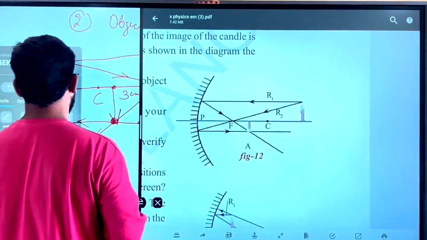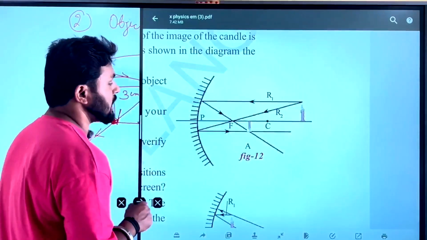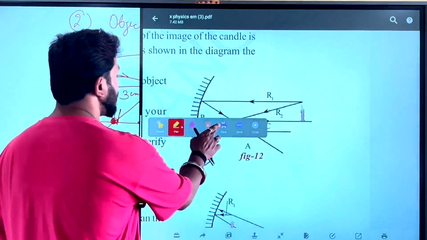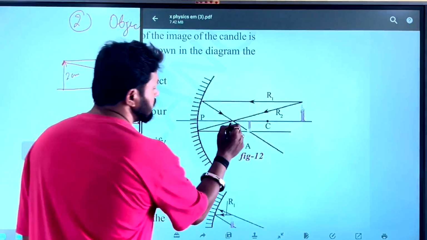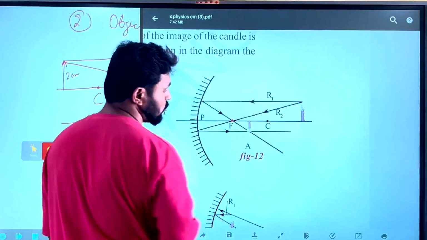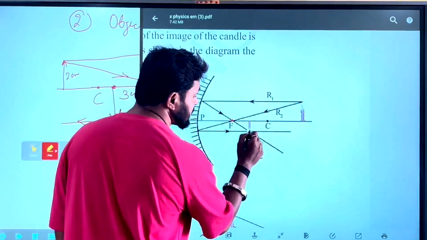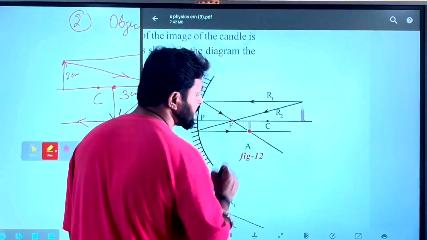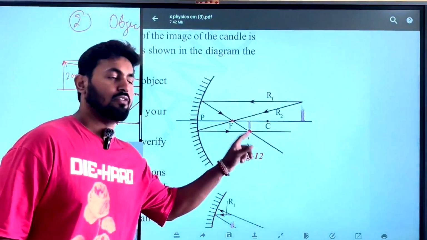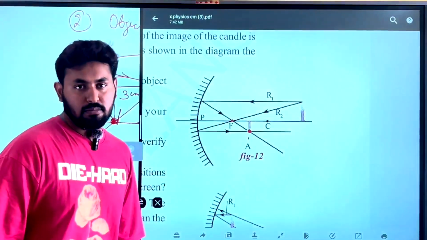I'll mark it so that you will understand. This is the focus. Both of the reflected rays are intersecting at this point, which I have already shown in the diagram.